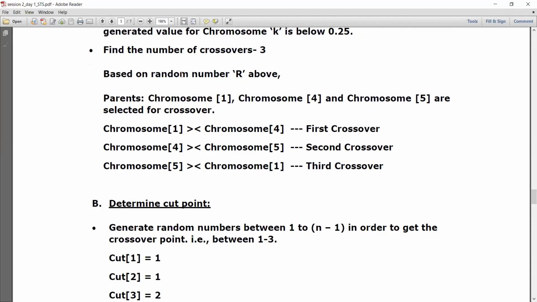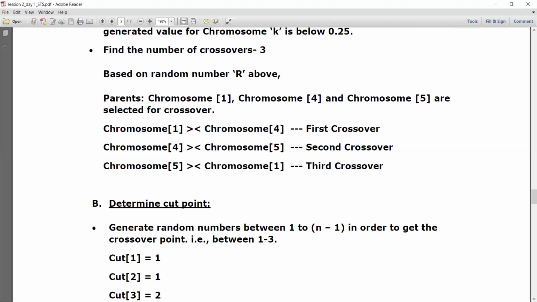So now I repeat: at this stage, I already have a population set with 1, 2, 3, 4, 5, 6, the revised solutions. Now in that set, chromosome 1, chromosome 4 and chromosome 5 are going to be changed after the crossover operation, and the rest of the chromosomes, 2, 3, 6, remain unaltered.